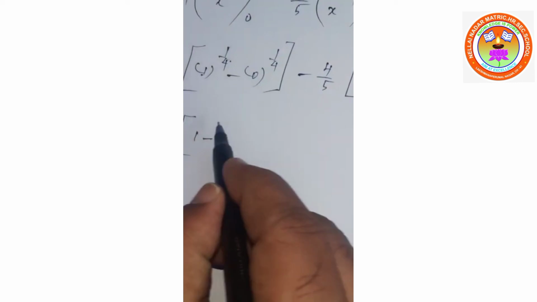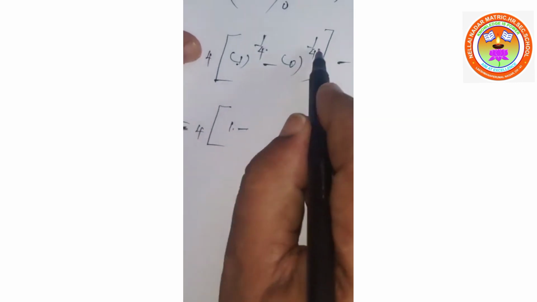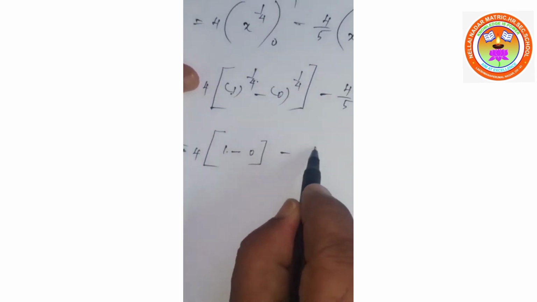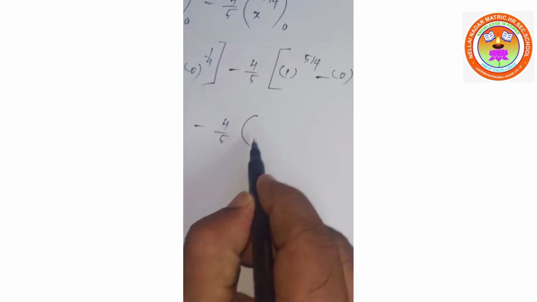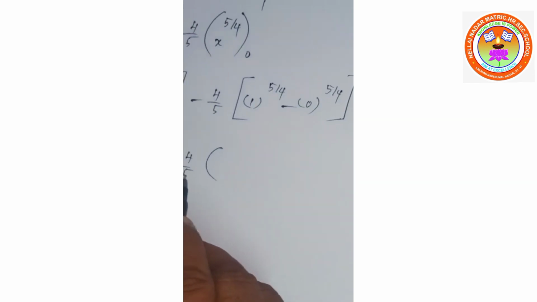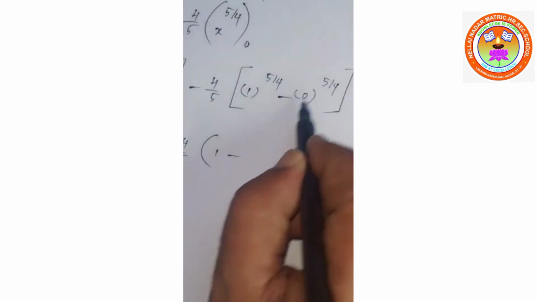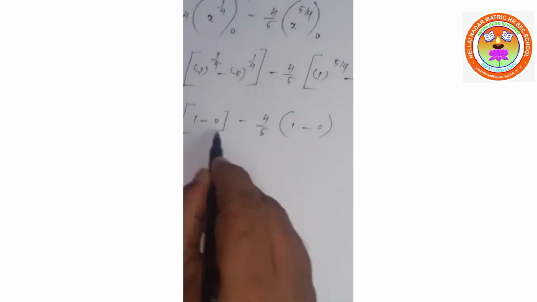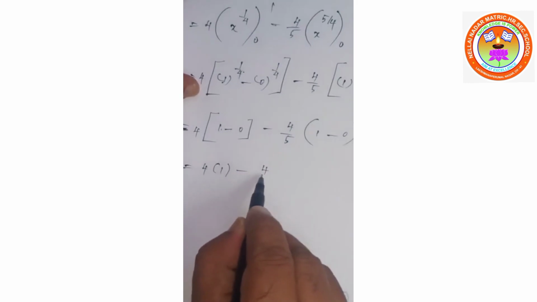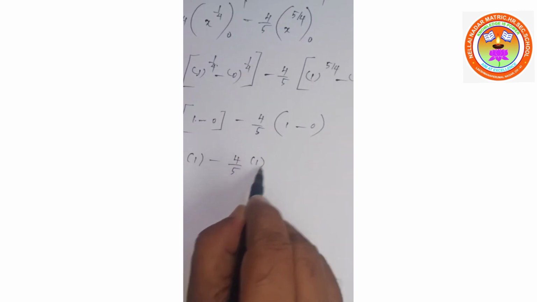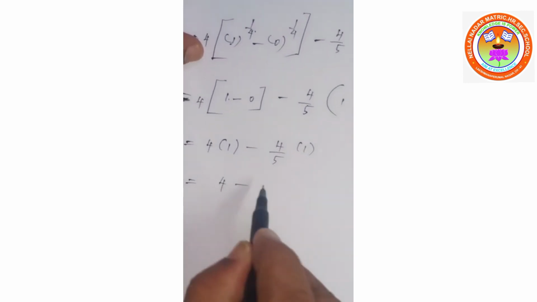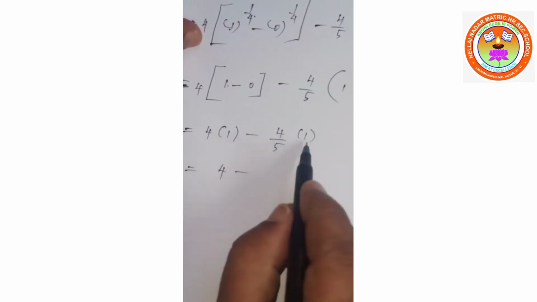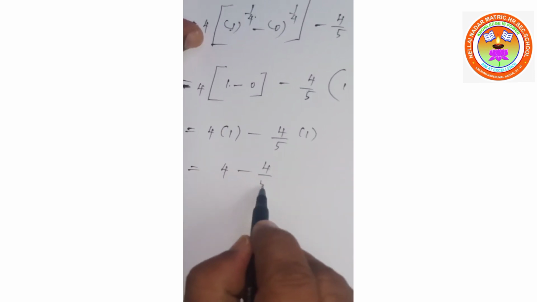Even you can directly write 1 power 1 by 4 is 1 and 0 power anything is always 0, minus 4 by 5 into 1 power anything is always 1 minus 0 power anything is 0, equals 4 into 1 minus 0 is 1, 4 ones are 4, minus 4 by 5 into 1, anything multiplied by 1 is the same thing, so 4 by 5.